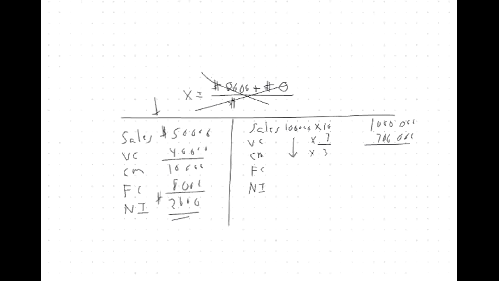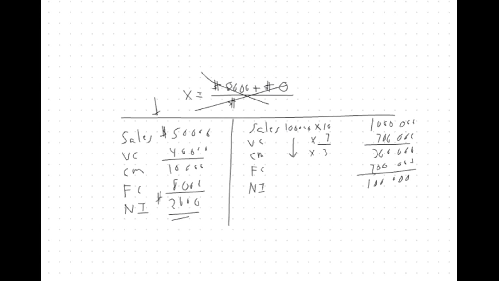Now, we found break-even sales dollars when we used the X formula and got our 66,667 units, and we multiplied it by 10.